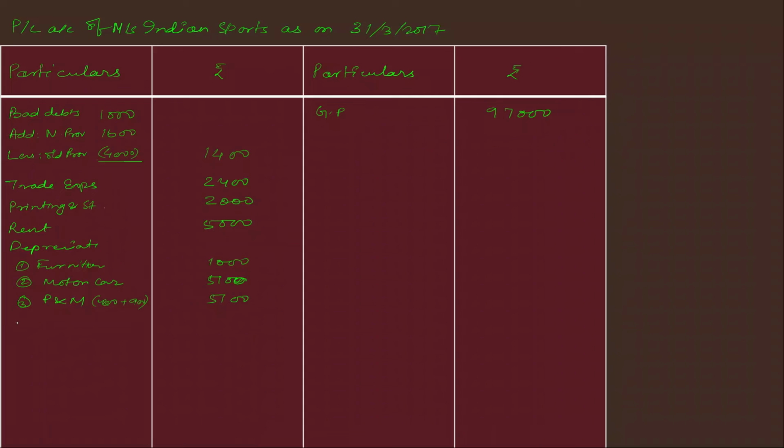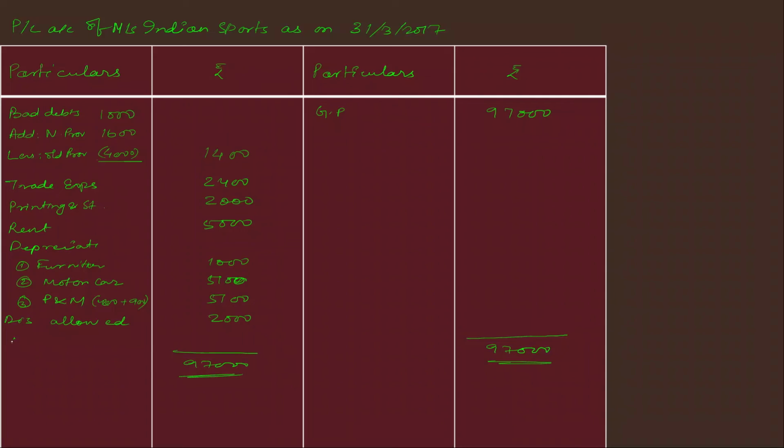You are getting 5,100. Discount allowed. How much it is given? 2,000. Discount allowed 2,000 given. Okay. So this side total 97,000. I will write this side also 97,000.